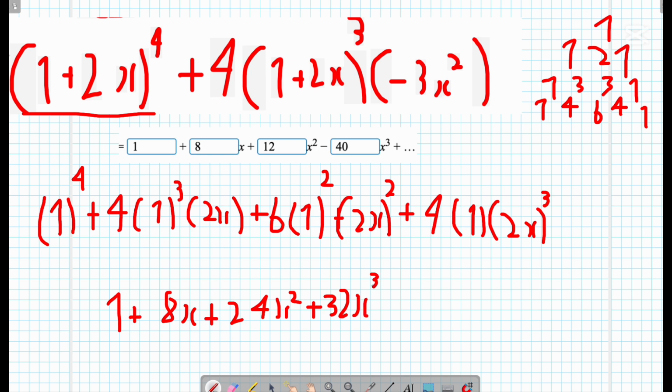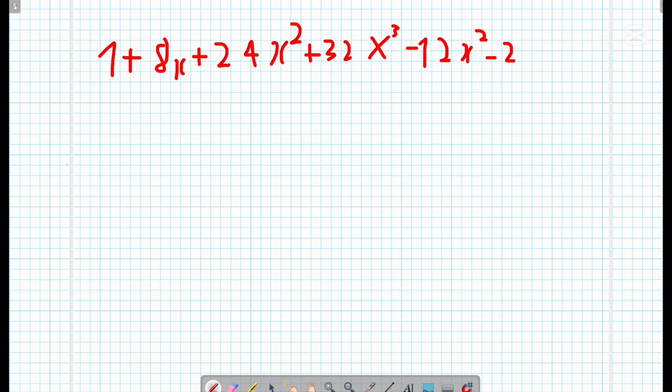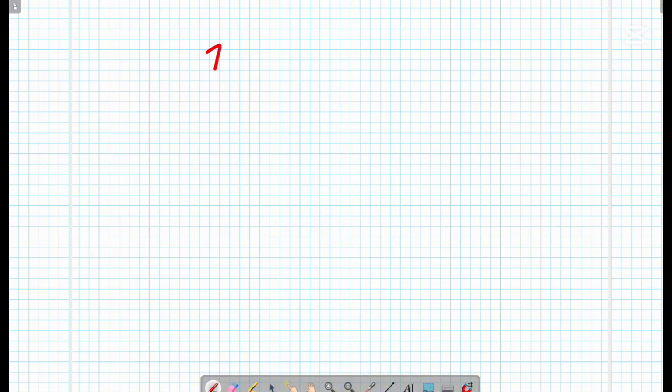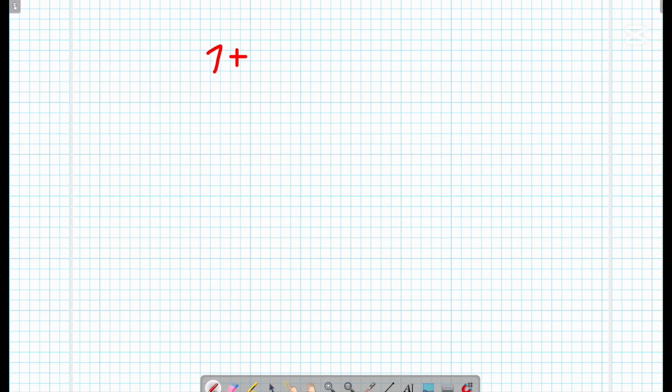Then let's put that in the next page. We're going to erase this, so 1 plus 8x plus 24x squared plus 32x cubed.